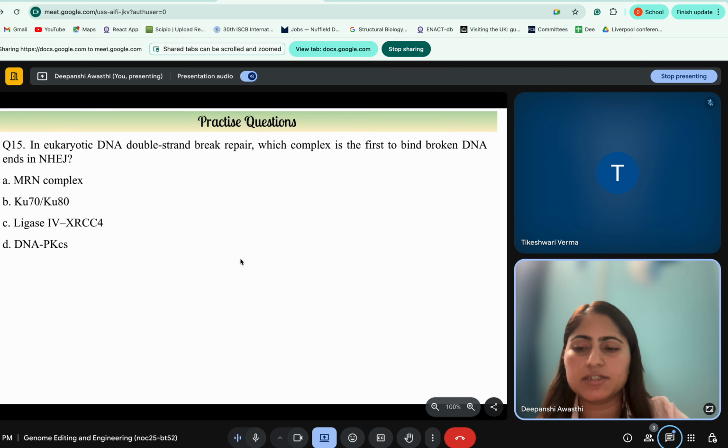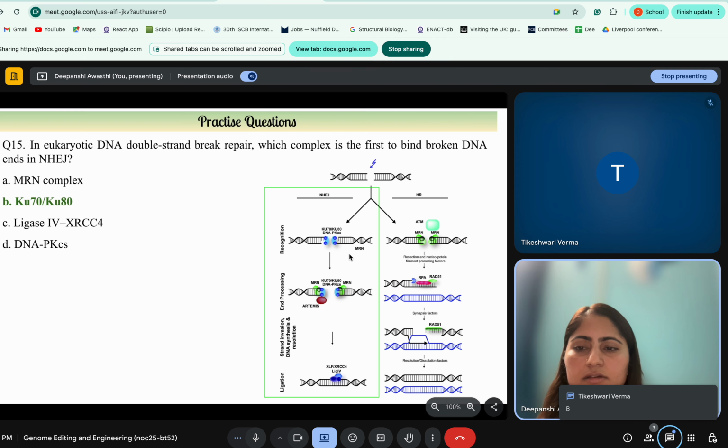Now next question is, in eukaryotic DNA double strand break repair, which complex is the first to bind the broken DNA ends in non-homologous end joining? Option A MRN complex, option B Ku70/80, option C ligase 4 and XRCC4, and option D is DNA-PKcs.